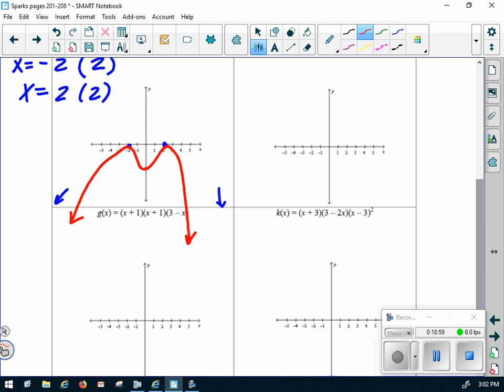Do you have the end behavior doing right? And do you show the multiplicity correctly? With me? So, do you have the zeros right? Do you have the multiplicity right? And showing that on your graph, and do you have the end behavior right? That's all I care about.